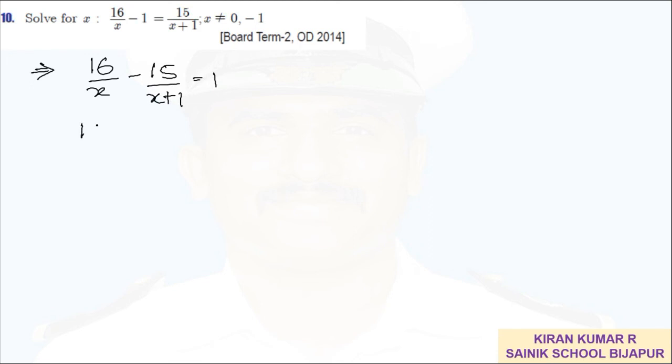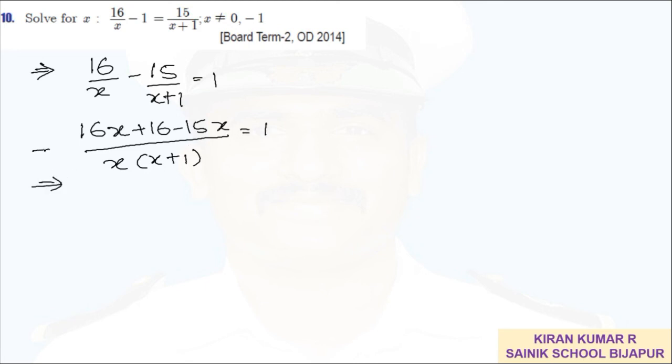Upon taking LCM, it becomes 16x plus 16 minus 15x divided by x times of x plus 1 equal to 1. Here observe 16x minus 15x is only x. So x plus 16 will be equal to x square plus x.